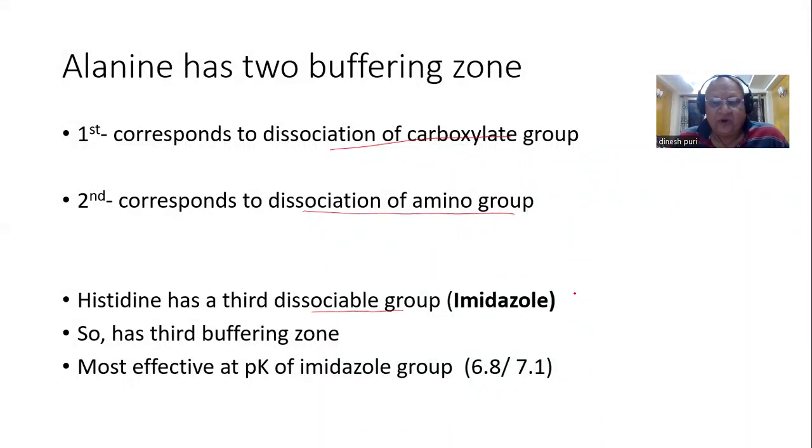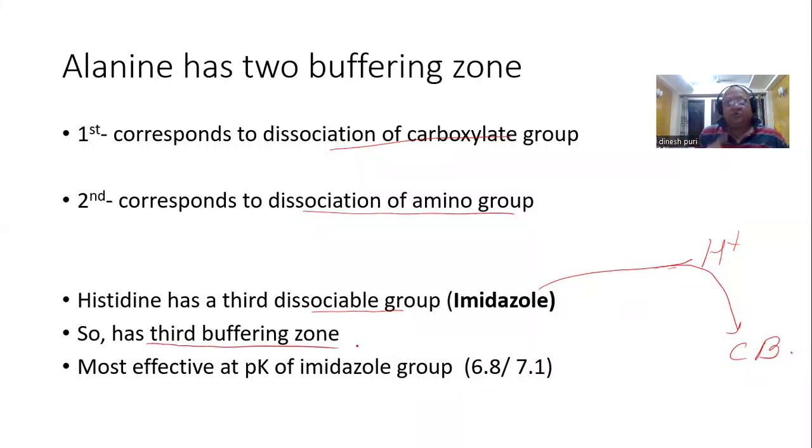So the imidazole group is capable of donating a proton, in the process getting converted to its conjugate base. Therefore, it will have a third buffering zone also, by the same logic which we have examined in detail. At what pH? At the pK of the dissociable imidazole group.